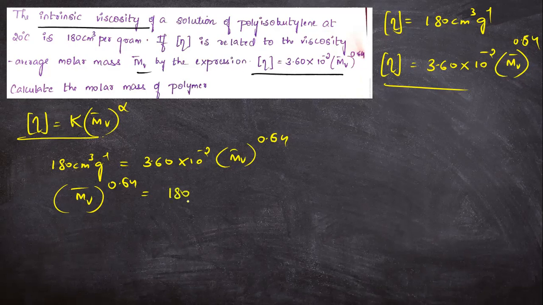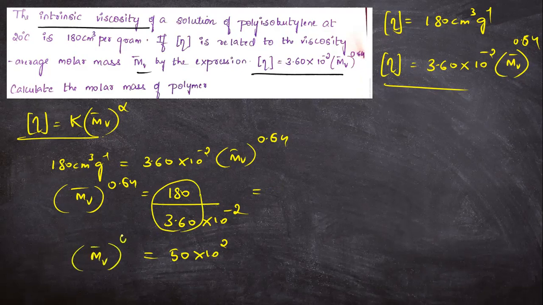So 180 divided by 3.60 into 10 raised to minus 2. If we solve this, the answer will be 50 into 10 raised to 2. If we send this 10 raised to minus 2 above, it will be 10 raised to 2, and this value is 50.